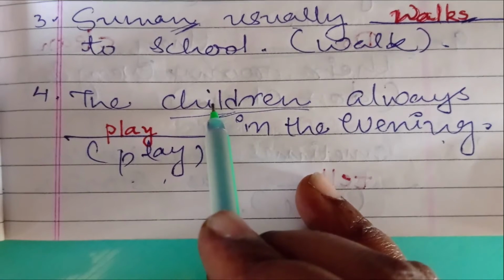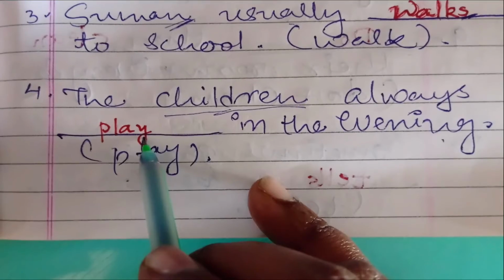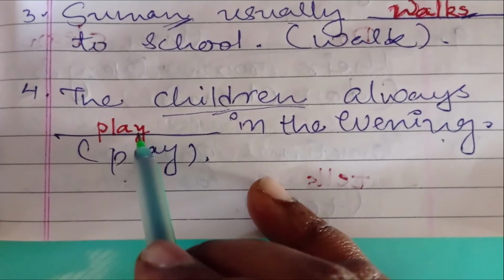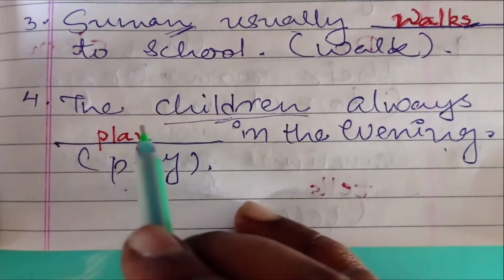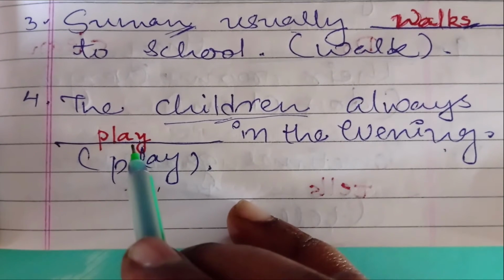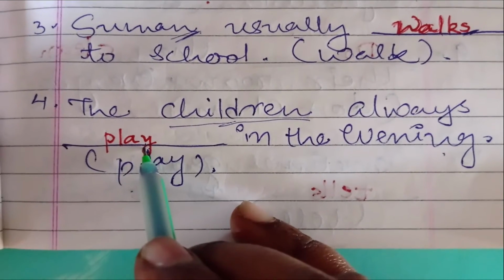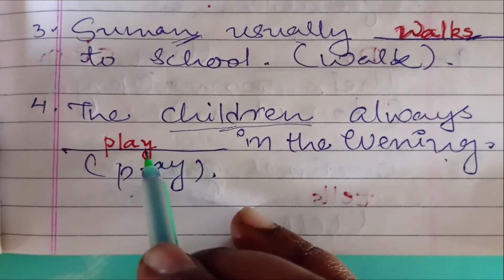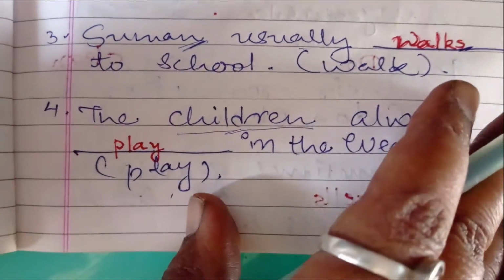So when the subject is plural, can we put s or es? No. Only play will be there. And moreover, in simple present tense, we use the root form, that is the V1 form, the original form of the verb.